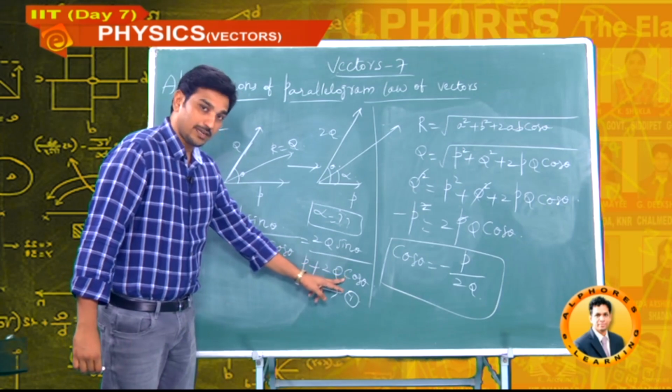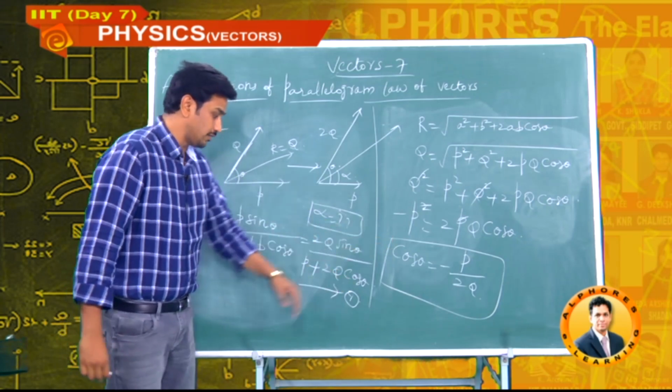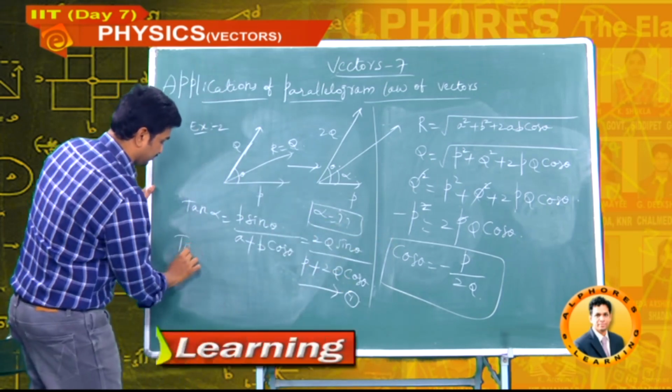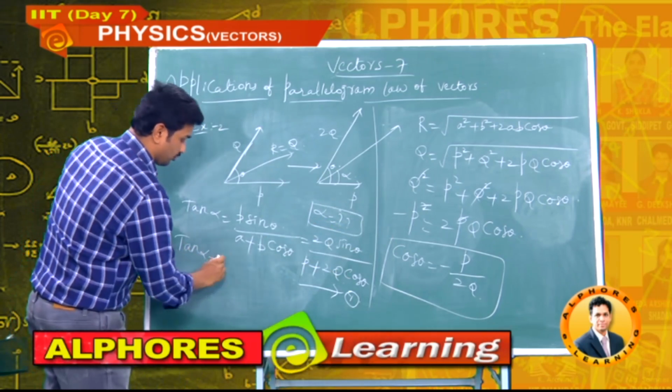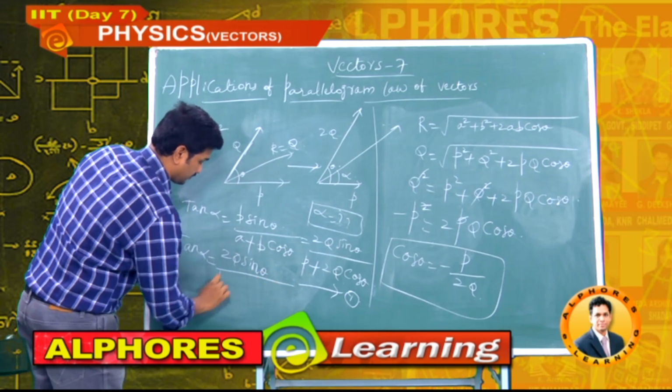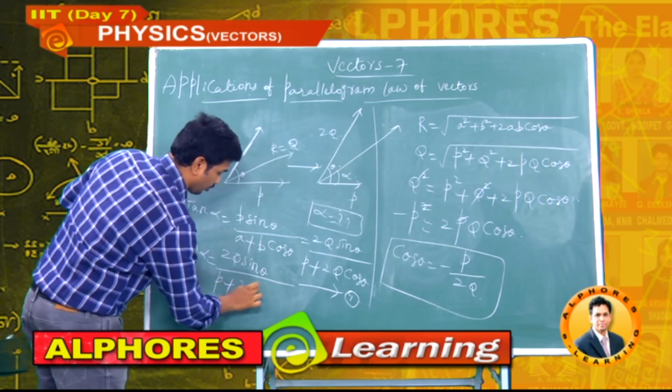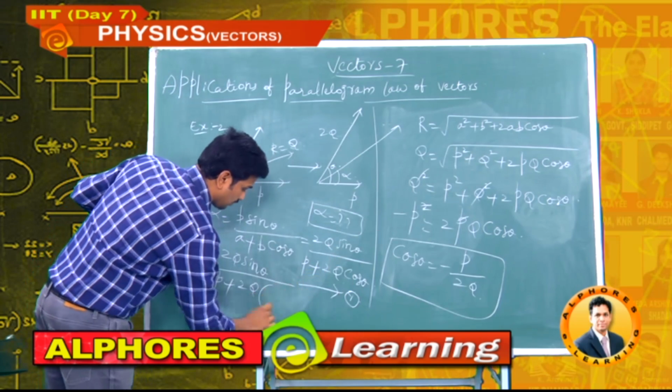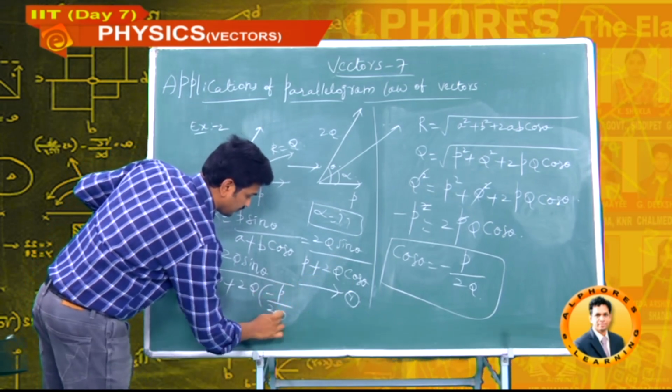Shall I substitute the cos theta value and sin theta value, because I know cos theta? Now tan alpha is equal to the numerator 2Q sin theta by P plus 2Q, what is the cos? Minus P by 2Q.